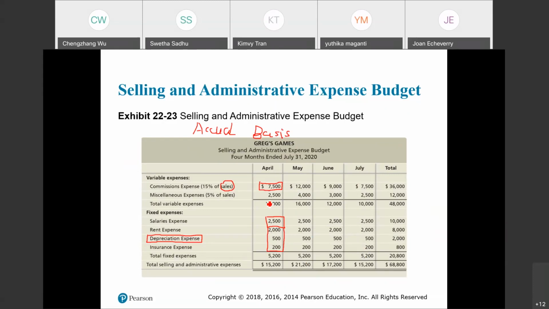In other words, that is 20% of budgeted sales. So this is pretty straightforward, I believe, right? So let's continue.